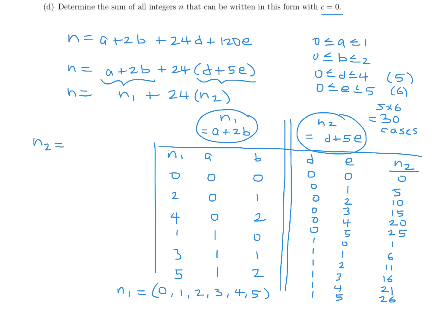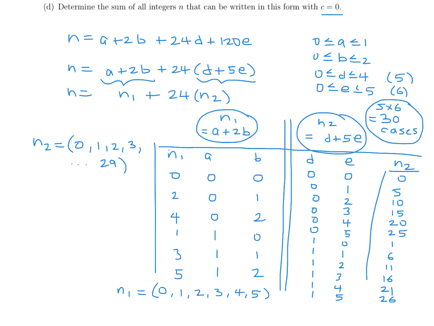It looks to me, if you kept this going, and 30 cases isn't really that many, right? So you could probably do it manually. And when you do, you'll find that you'll get every single possible number from 0 all the way to 29. Dot, dot, dot, 29. Every integer from 0 to 29.